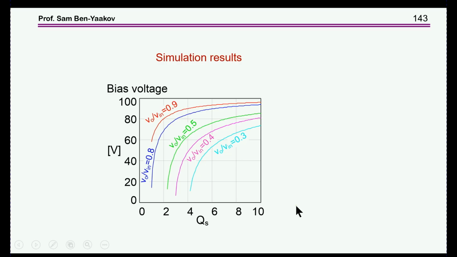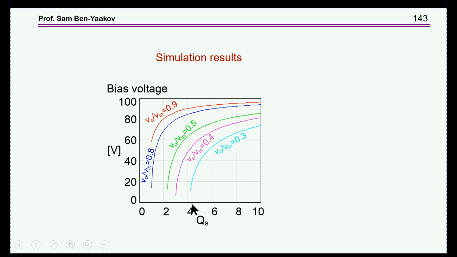What we see here is Q. Q represents the load. V is now, in the experimental system, the actual bias voltage that was imposed on the capacitor to vary it. And these plots are for various voltage gains. So this is the envelope, you might say, of operation here.